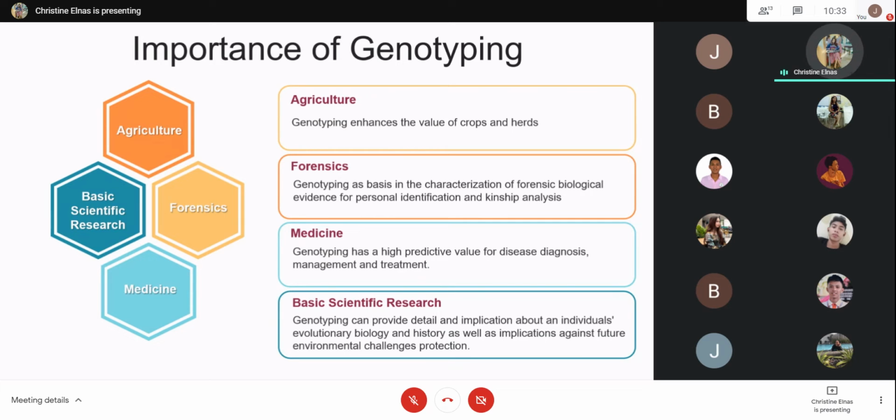Genotyping can be useful in identifying forms of genetic variation that underlie phenotypic differences between healthy individuals. Understanding this normal genetic variation across different populations helps us understand how different groups have evolved and diverged, and may also have implications for protecting species against future environmental challenges.